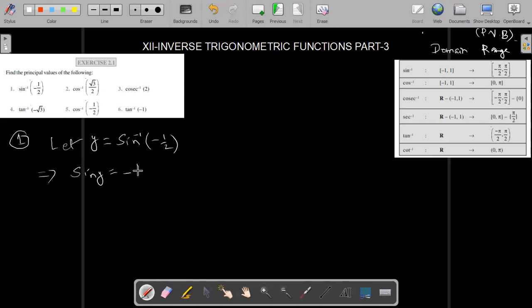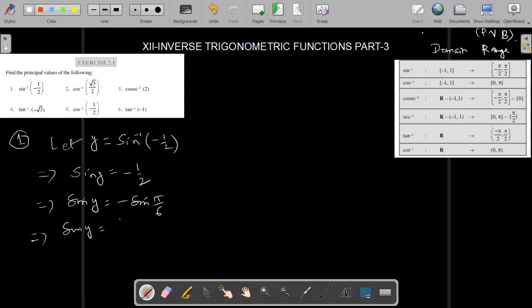So here we get minus 1 by 2. And this is equal to sine y, and minus 1 by 2 is the value of sine at 30 degrees, pi by 6. And sine of minus theta is minus sine theta.